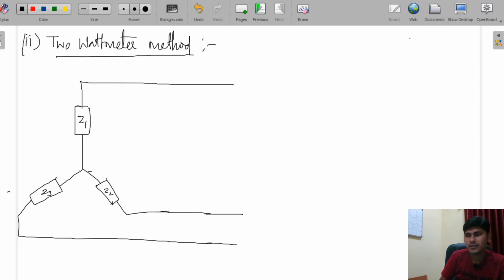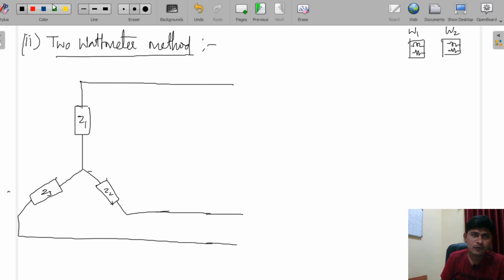You are going to have 2 wattmeters, this is W1 and this is W2. Each will have a current coil and a pressure coil. The current coil is like an ammeter, the potential coil or voltage coil is like a voltmeter. This is used for the measurement of current, this is used for the measurement of voltage.